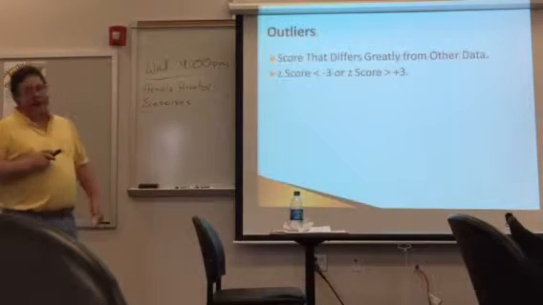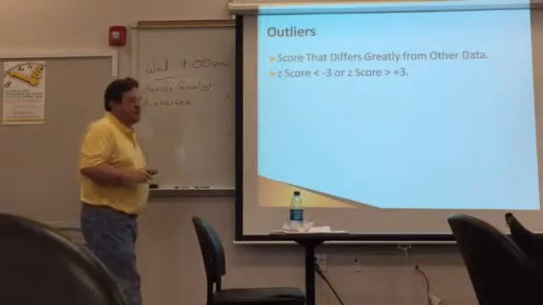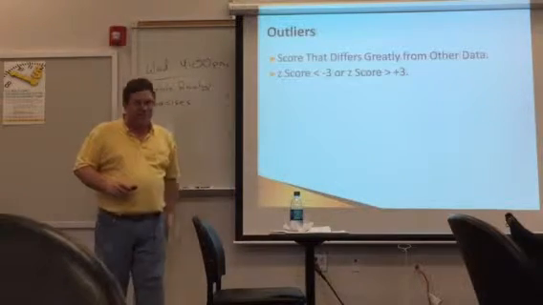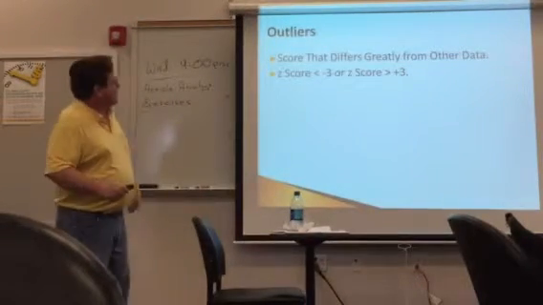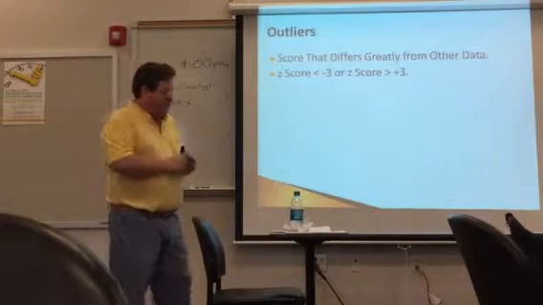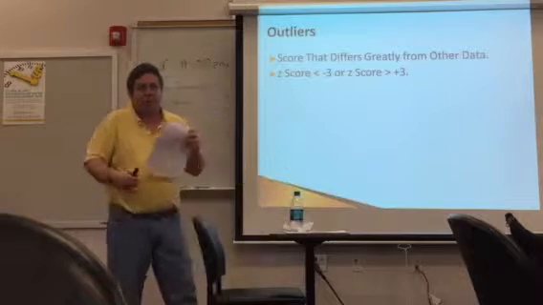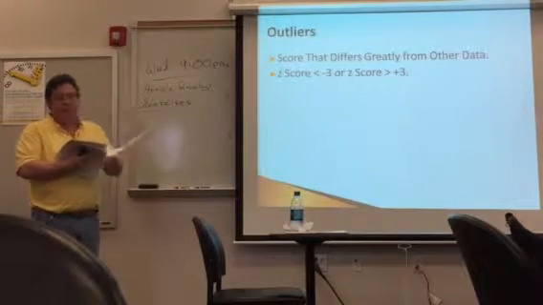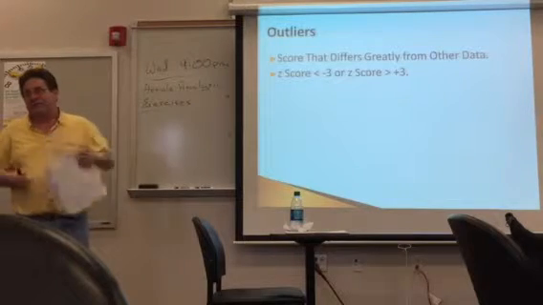Now, next one is outliers. Yay. That little comic I had at the very start was about outliers. Here we have scores that are very different from the rest of the sample. And when that happens, we have to ask ourselves some questions.